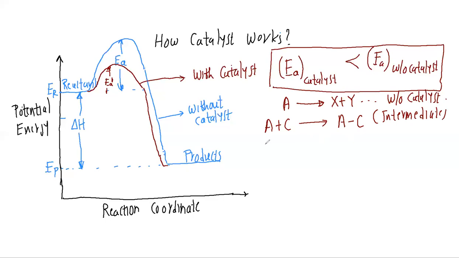And then this AC, this intermediate, will get changed to X plus Y, that means the desired products, and catalyst will come out. So these are our desired products, and catalyst has been regenerated.